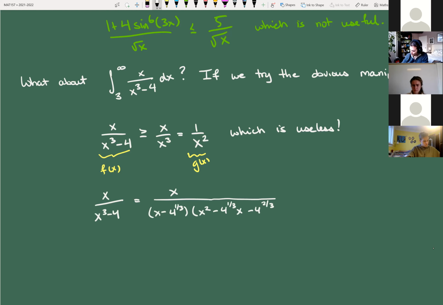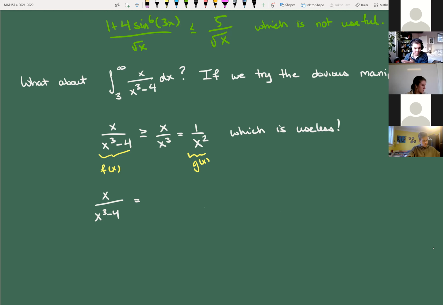And since we're bigger than 3, let's assume that we're bigger than 4, so that this thing now is less than or equal to... but here's where I run into an issue, because I'm going to keep the x upstairs and I don't want that. This isn't going to end up working. So let's not do it that way.